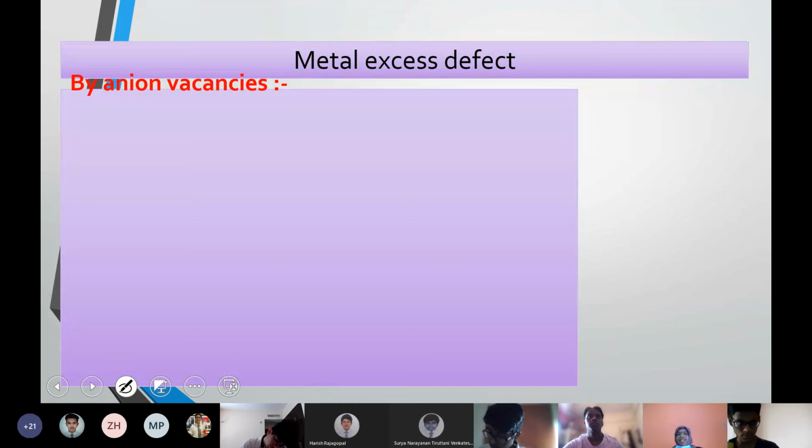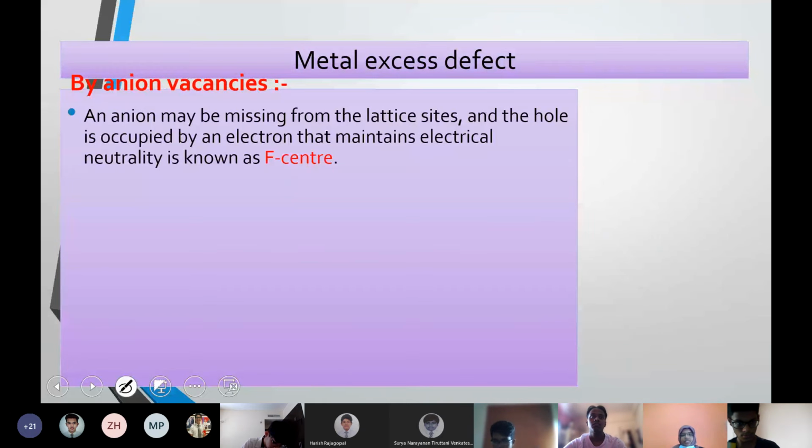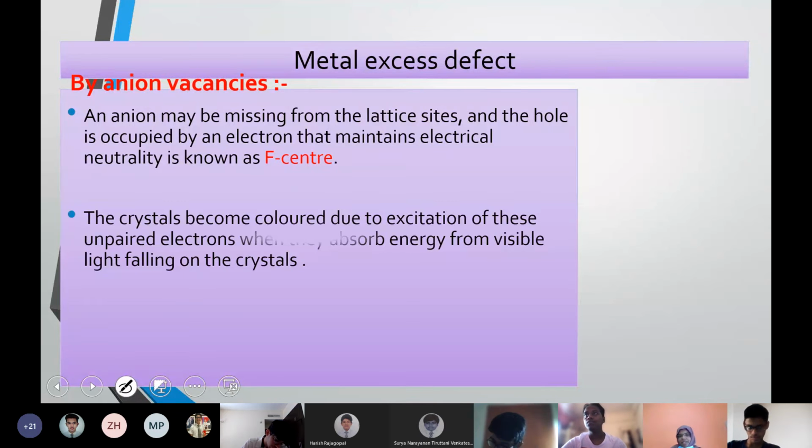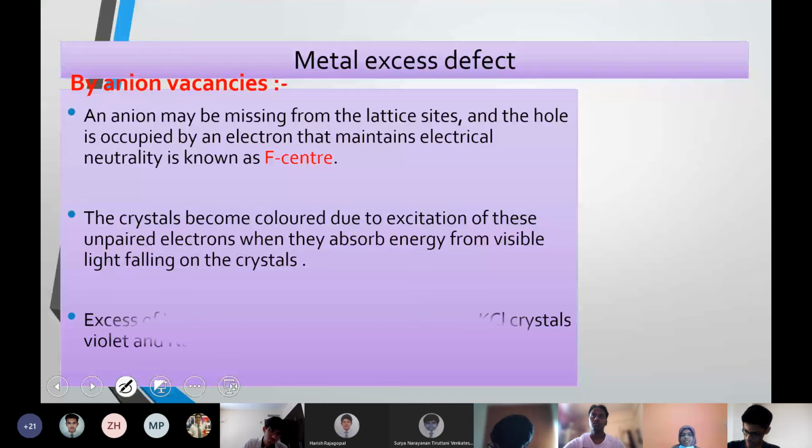The second reason is that nothing is lost, like in the case of anion, but there will be an additional cation present in the crystal. So that is metal excess defect due to additional cation. So metal excess defects are of two types because of two reasons. First reason is anion vacancies. Anion vacancy means the anion may be missing from the lattice site and the hole is occupied by an electron that maintains electrical neutrality.